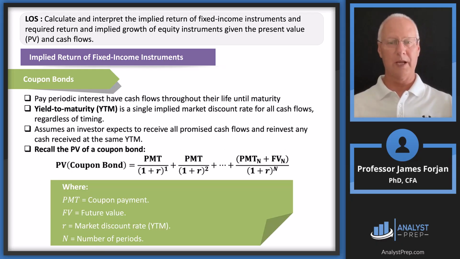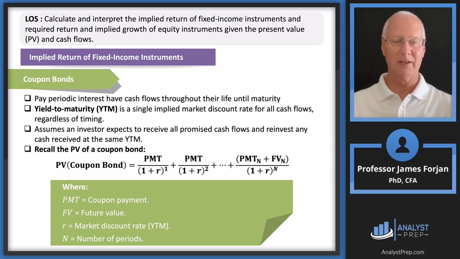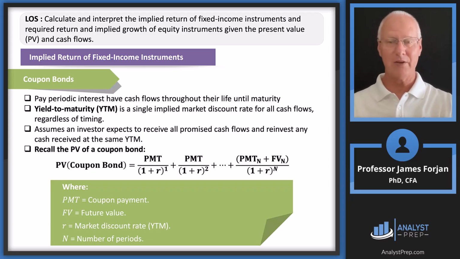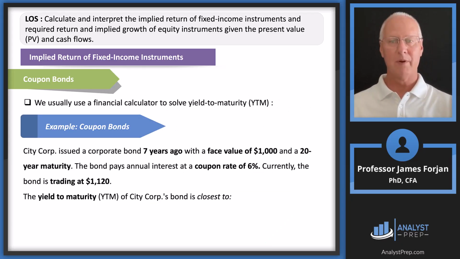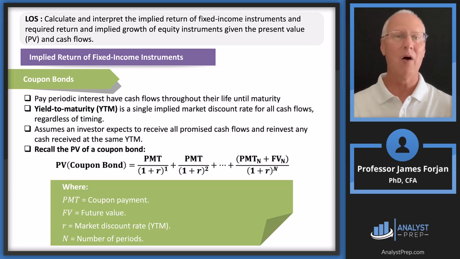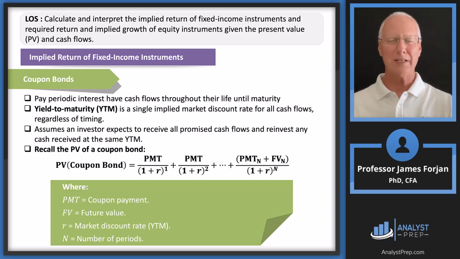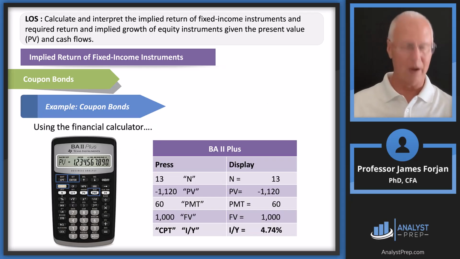What we could do is we could come back here and we could guess. We could throw in an R in the denominator and work this out in our calculator. And if the present value turns out to be 1,120, well, then we know we guessed right. But how many times are we going to guess right, especially on a CFA exam? The answer is never.